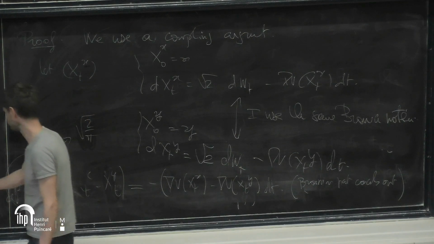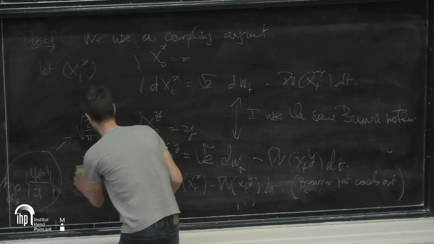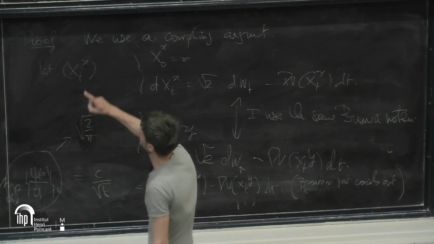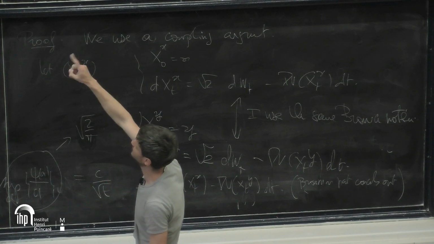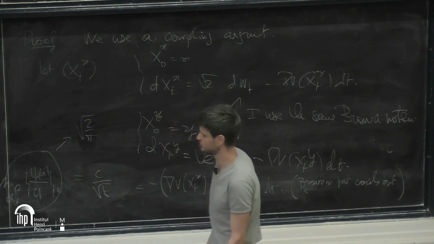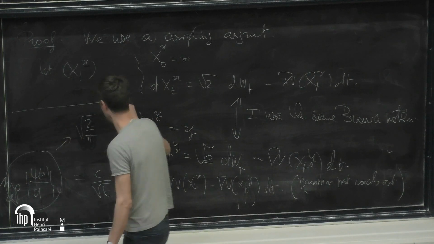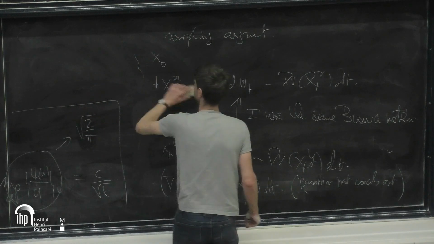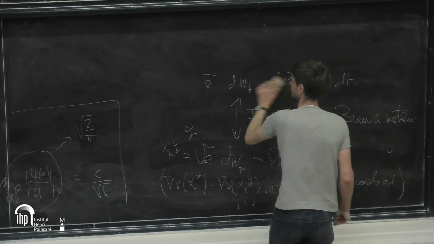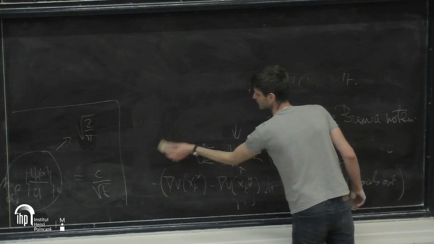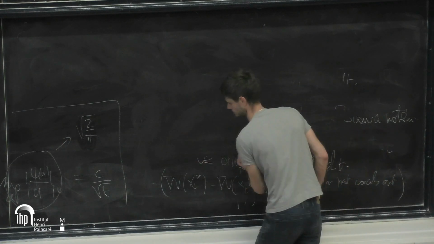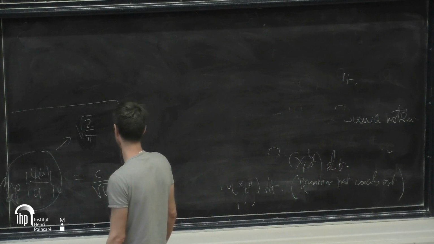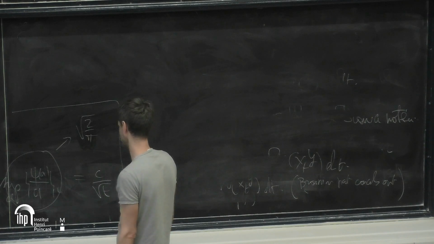In any case, you get some constant divided by square root t. Somehow I promised the constants would be less than 1, but I'm not sure anymore. It doesn't matter. For me, this constant doesn't matter.